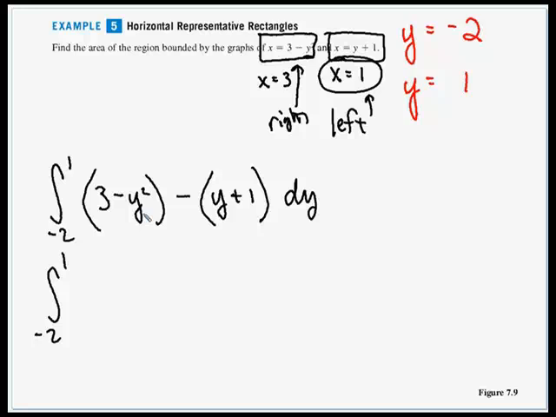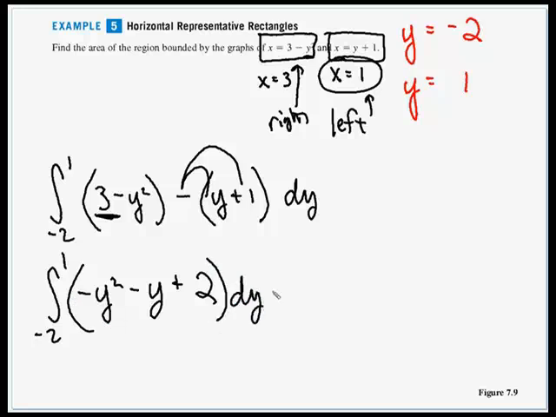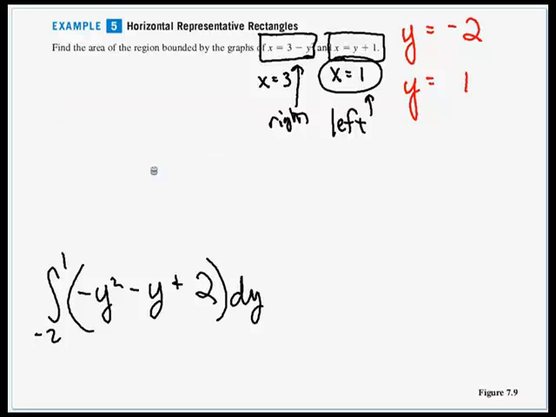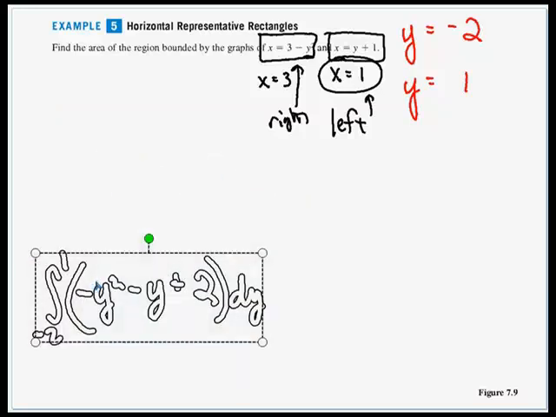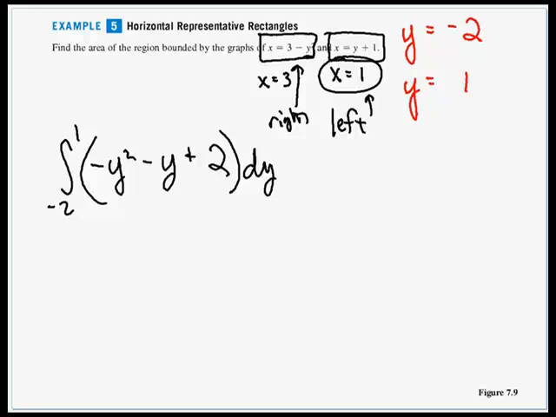I'm going to start with my squared term first, so this is going to be negative y squared. Distribute this negative, and that will become a minus y. And distribute here also, and this becomes a minus 1. And we have 3 minus 1 is 2, plus 2. And we're going to integrate that with respect to y. So let's integrate.